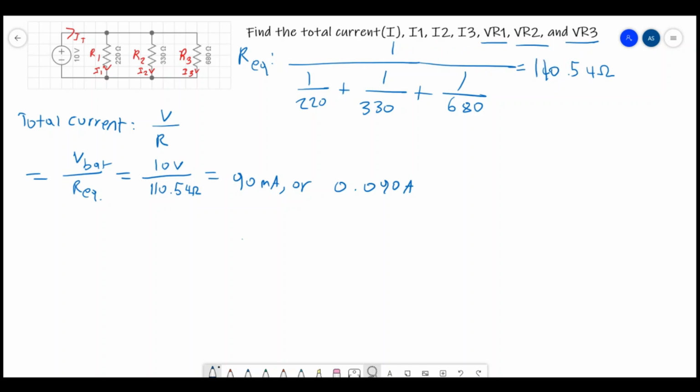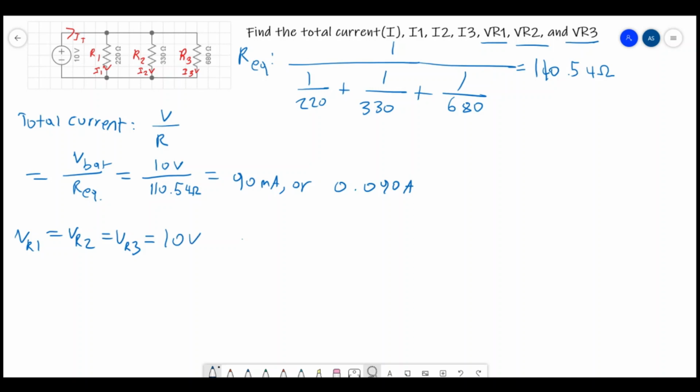Now in order to find I1, I2, and I3, we need to first find VR1, VR2, and VR3. Since the three resistors are in parallel, according to Ohm's law, the voltage across these three resistors will be the same. So VR1 equals VR2 equals VR3, and that will be 10 volts as it's coming out of the battery here.